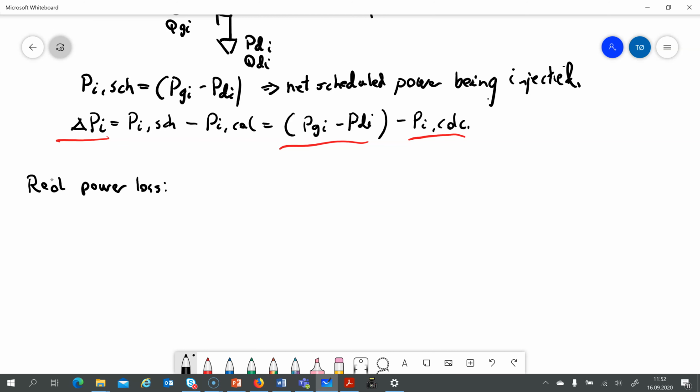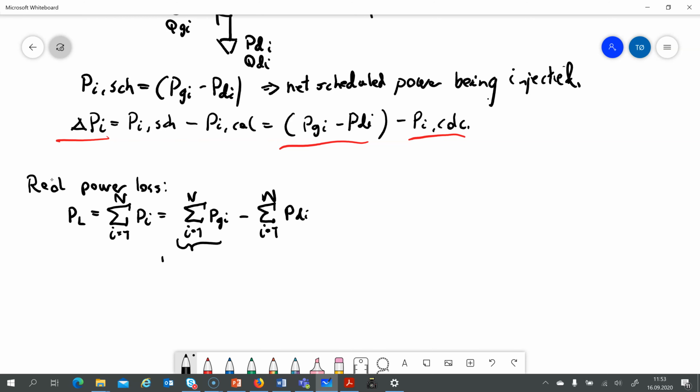Let's call it PL, and that will be the sum from all the nodes i equal 1 to n of P_i minus the sum again of P_Di, i equal 1 to n.